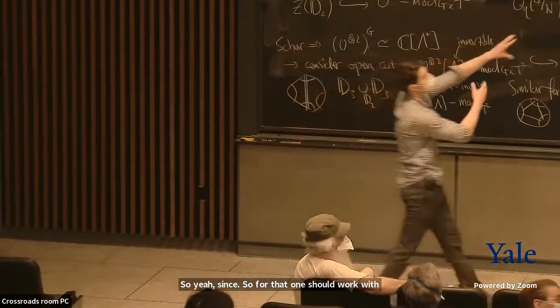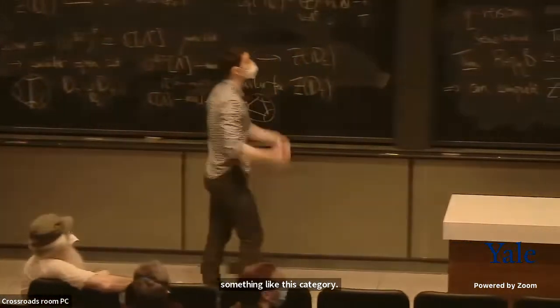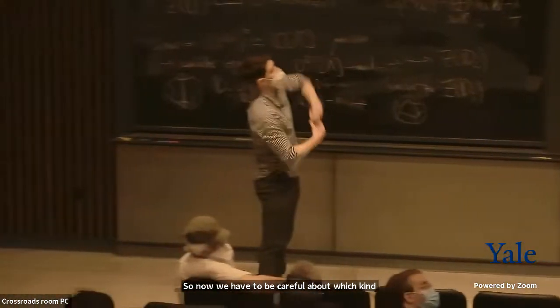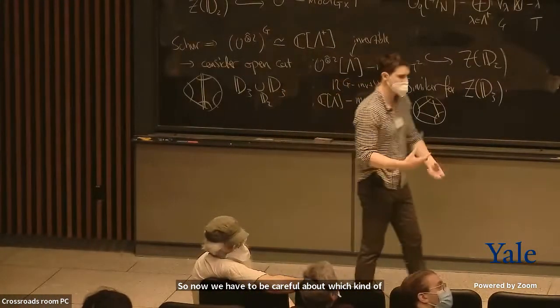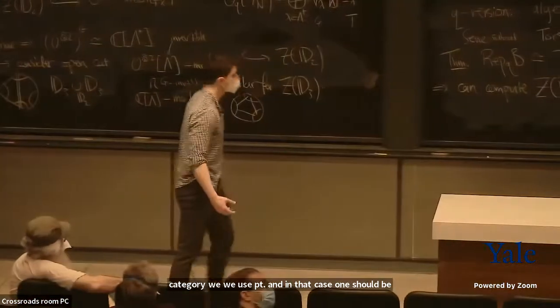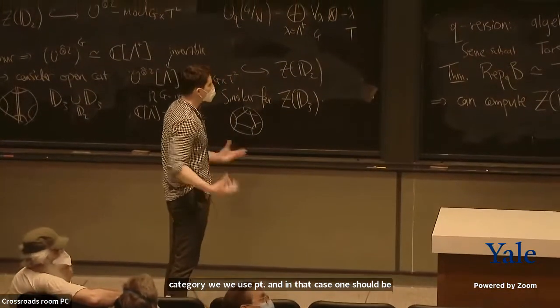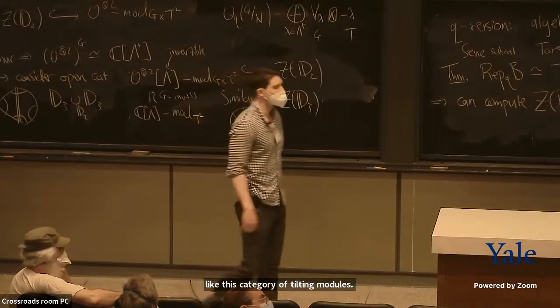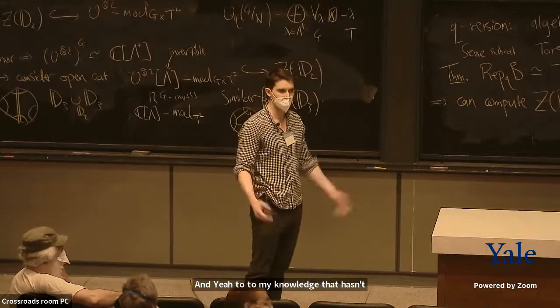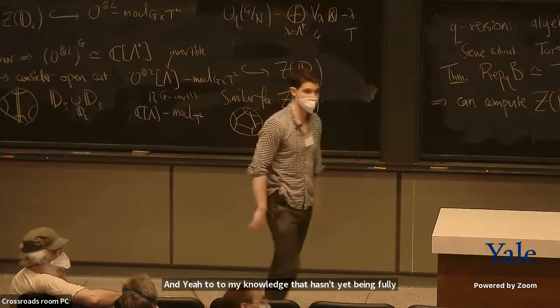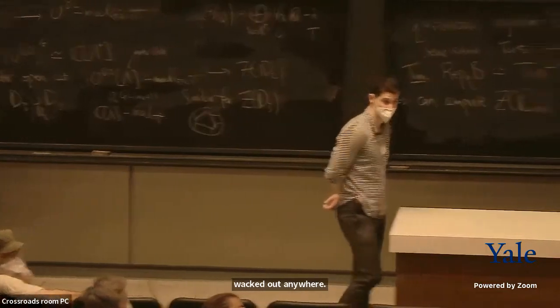Now we have to be careful about which kind of category we use as Rep_q G and Rep_q T, and in that case one should be something like this category of tilting modules. To my knowledge, that hasn't yet been fully worked out anywhere. But I agree that it's a very important thing. In particular, the root of unity.